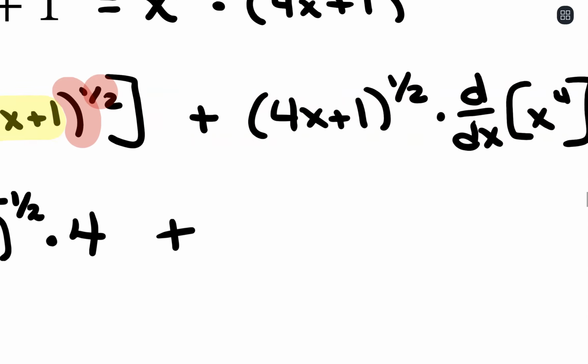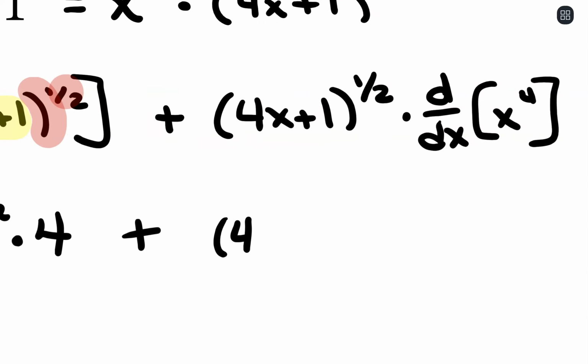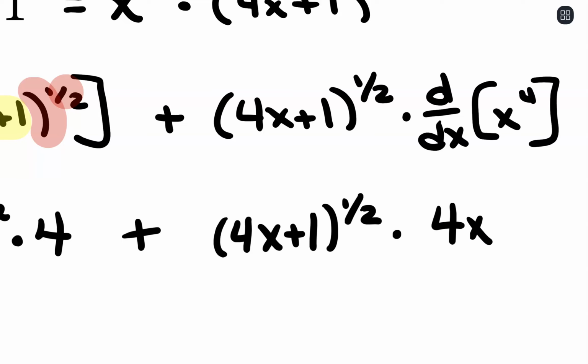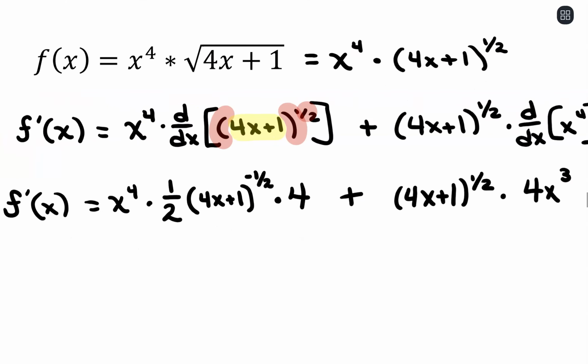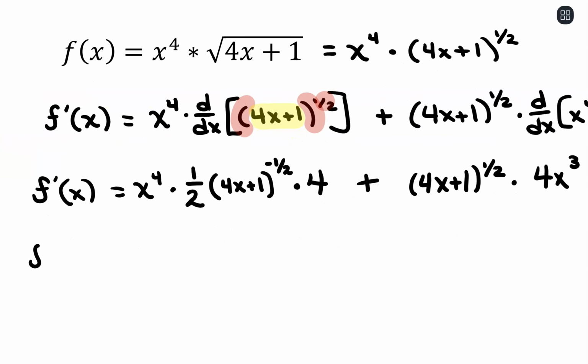And then we're going to add this with 4x plus 1 to the 1/2 power times the derivative of x to the fourth, which is just our power rule, so that'll be a 4x cubed. All right, let's simplify down. So we're going to have 4 times 1/2, so that's just going to leave us with a 2.